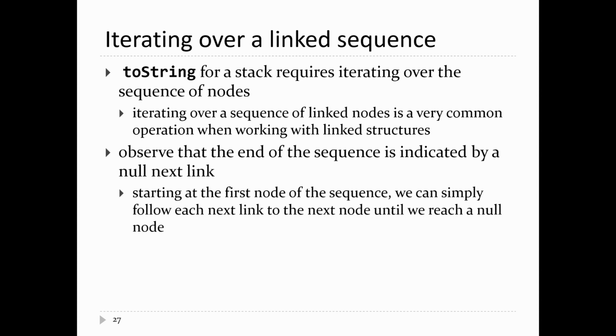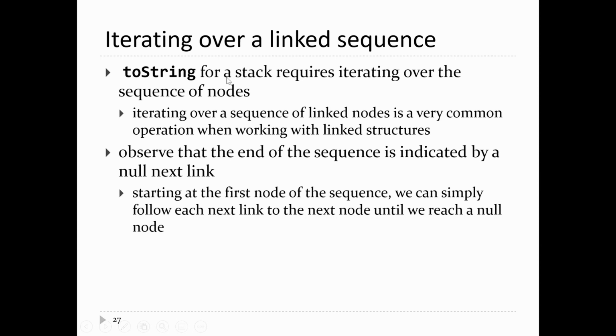So I need to visit every node in the sequence for some reason. In particular, if you need to get to the bottom node, the only way is to follow the entire sequence of nodes. Or if I need to get to the middle node, I have to follow the first n over 2 links in the sequence. So reaching an arbitrary element in a linked sequence is big O(n).